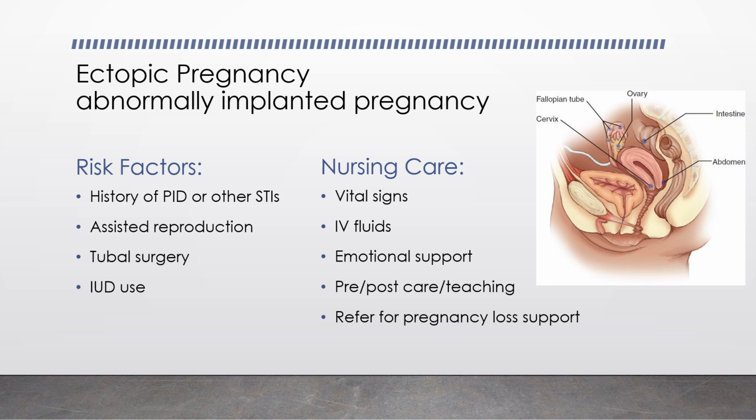So that might in itself be quite a stressor, especially if a woman's undergoing some type of fertility treatment already. There is another treatment for ectopic pregnancy, and that would be the use of methotrexate in order to terminate the fetus, and then it would just be reabsorbed.